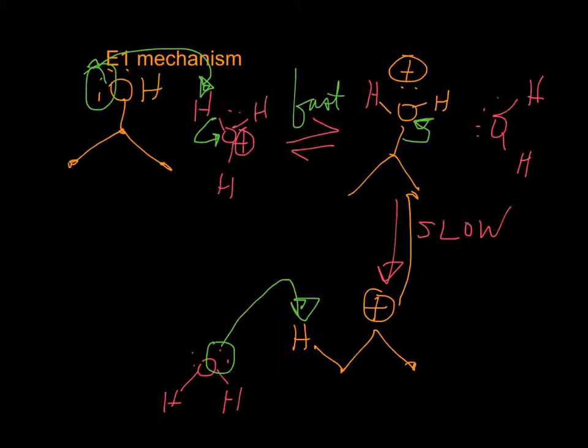Instead, these 2 electrons that have been holding that hydrogen go towards whatever is positive or delta plus, so it goes to form the new double bond. This is a fast, irreversible step. Okay, so it's fast, essentially irreversible, and we're left with propene.